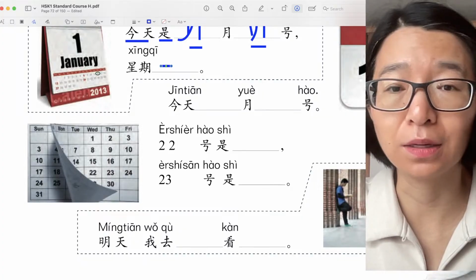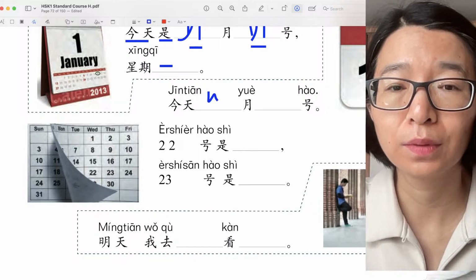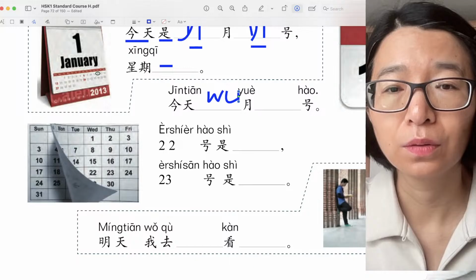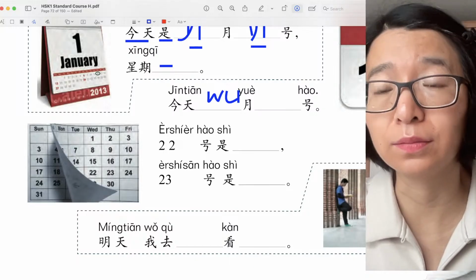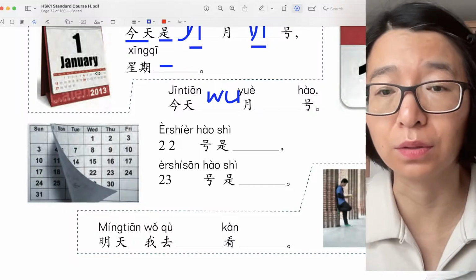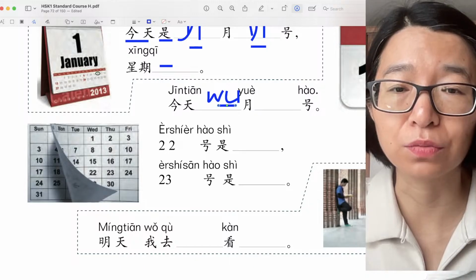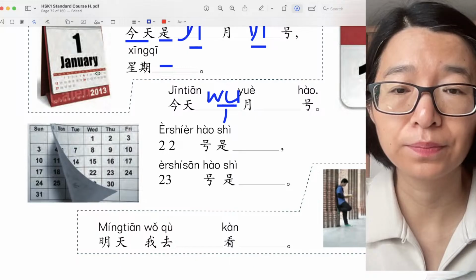Okay, now the second picture. May 18. How do we say? 今天5月18号。I think you know how to write it. If you need to write the characters, you can write 今天5月18号 like this.